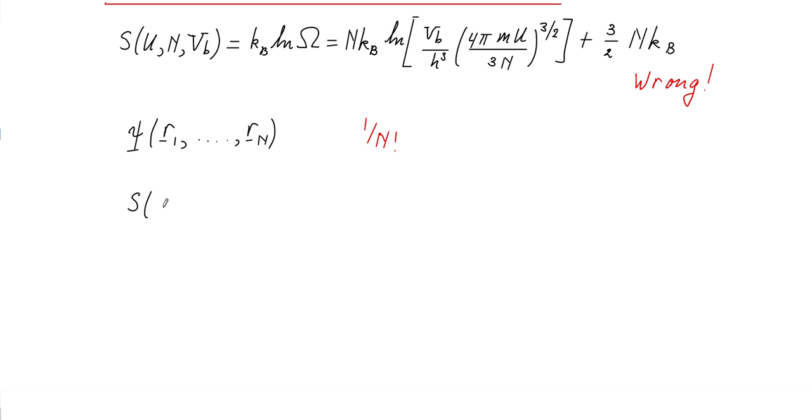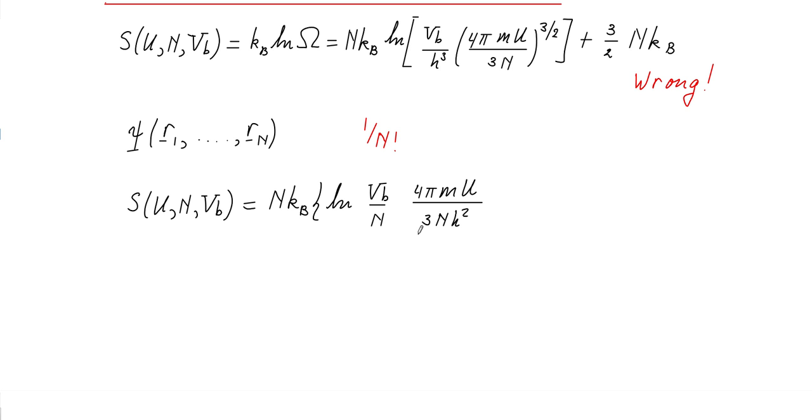This then results in the following form for the entropy. The entropy as a function of the energy, the particle number, and the volume of the box in which the particles are moving is given as nkb times. Then first we have a term ln VB divided by n. And then we have a 4 pi mu divided by 3 n h squared.